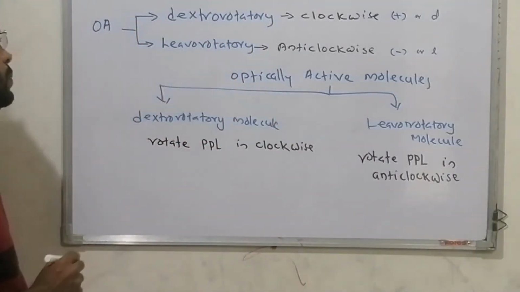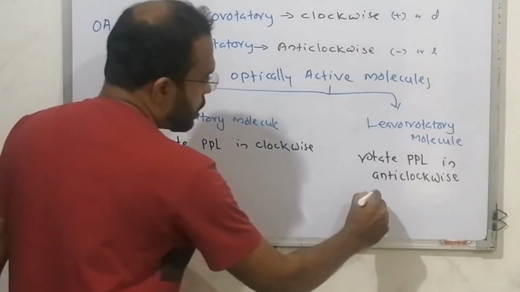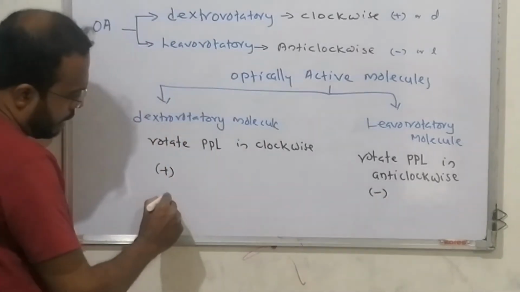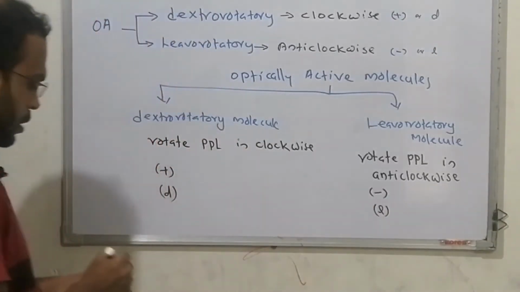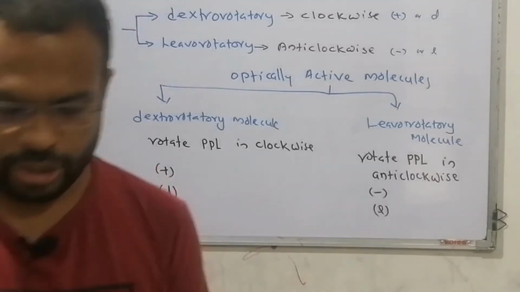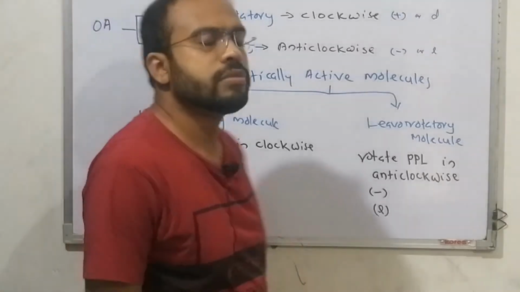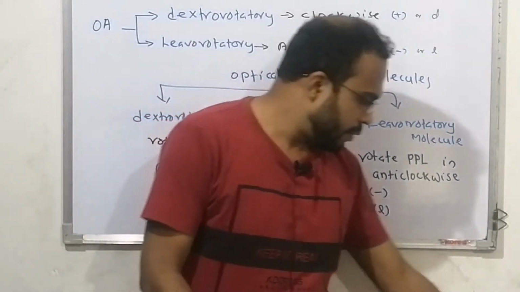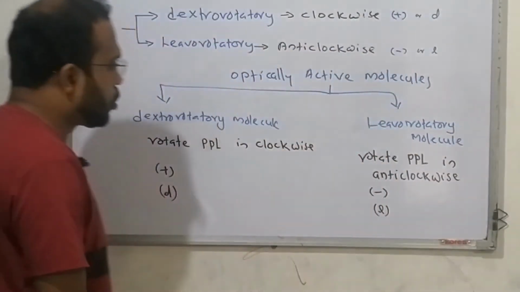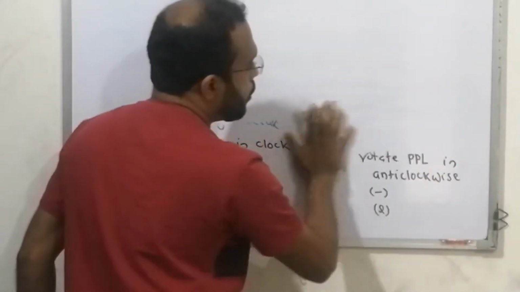It is called plus molecule or D molecule. This is minus molecule or L molecule. This is the basic introduction of optical activity and optically active molecules. Therefore, we have two types of optically active molecules, dextrorotatory and levorotatory.